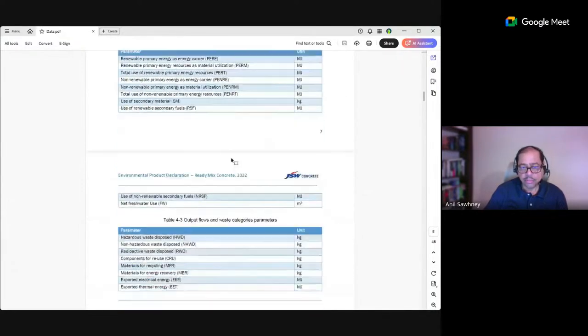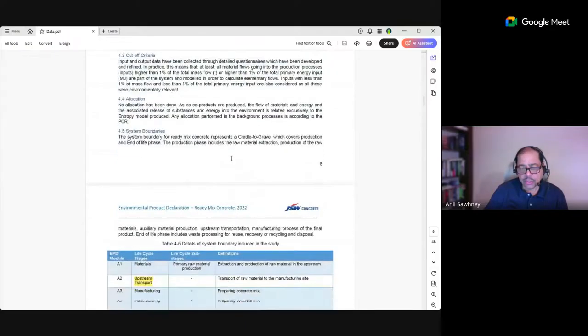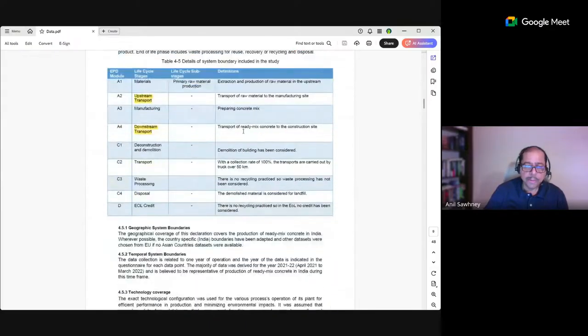So you can see more details. Obviously, you can take time to read these. They have included upstream transport. Remember, during the product stage, any transport that takes place in the manufacturing plant, extraction, all of that is A2. But surprisingly, they give downstream transport also. But there's a little drawback, which is that they do not say what distance they have assumed between the ready mix plant and site.